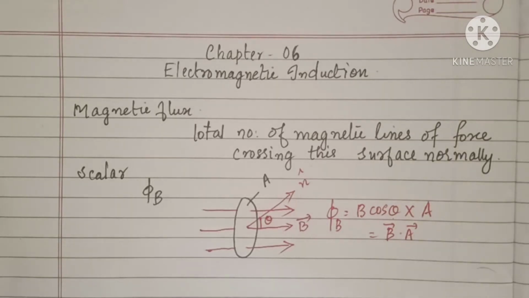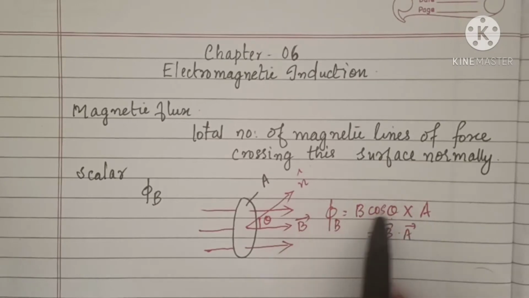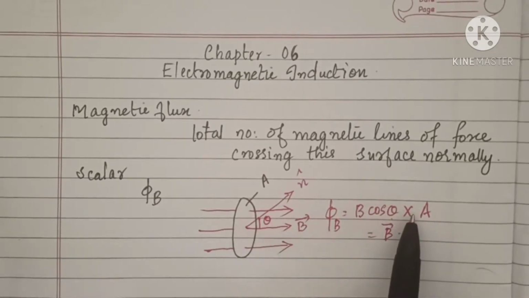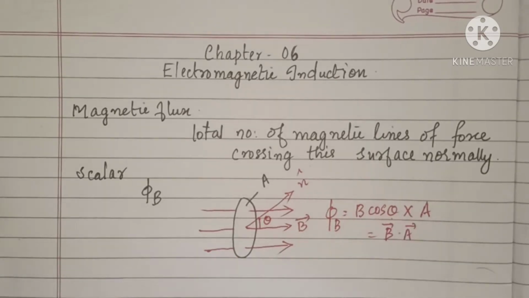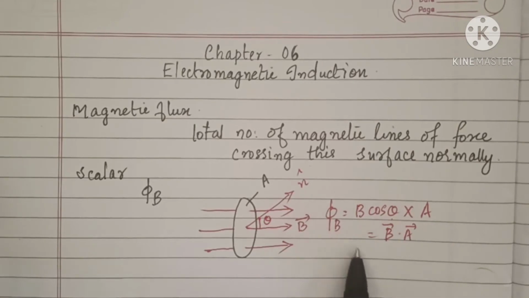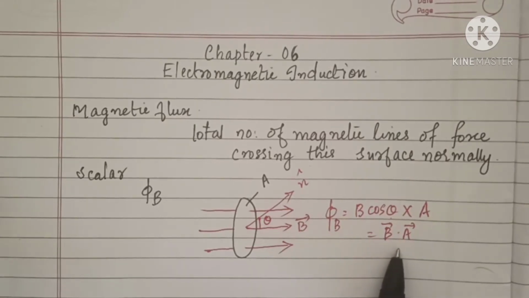It is measured as the product of the component of the magnetic field normal to the surface and the surface area. So the expression is phi equals B dot A, that is BA cos theta.